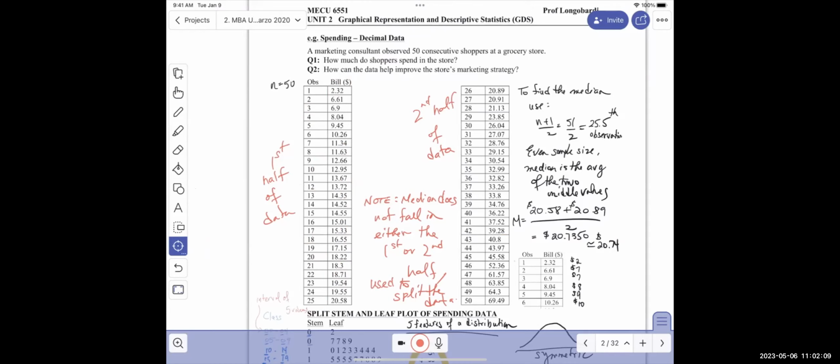So 25% is half of 50%. So this is 50%, or the first half of the data. Can I just use the same rule that I use for all of the data? The n plus 1 over 2. So that's what I'm going to do. But now my n is going to be 25.